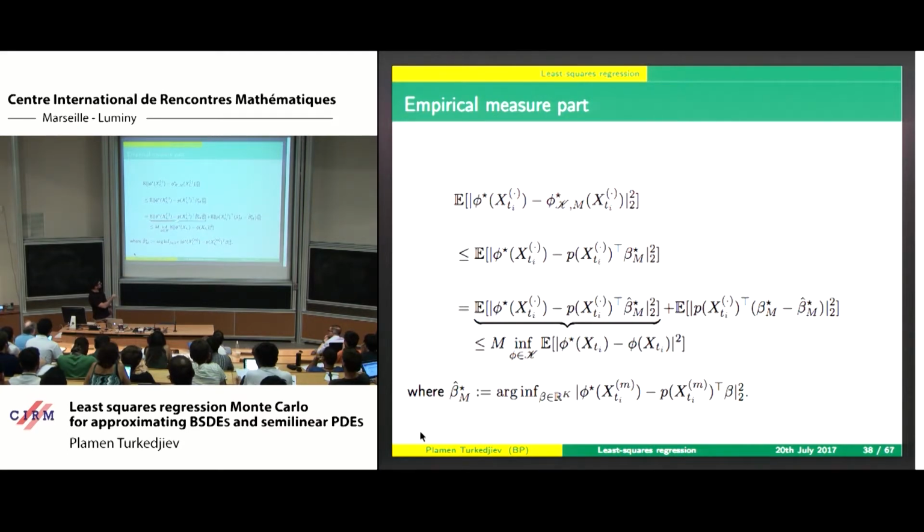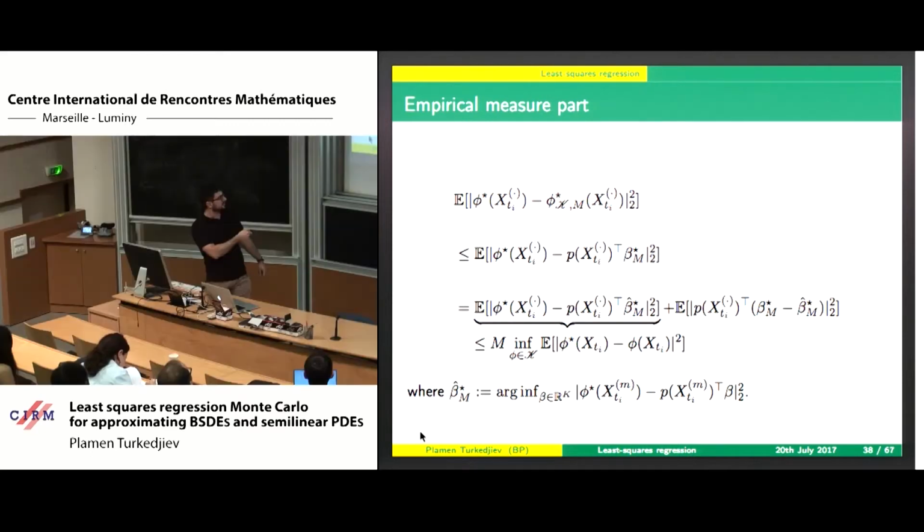Here we have the difference between phi star and its projection in the empirical norm, and here we have the difference between the two projections, one of phi star and one of S. In fact, this first term is bounded above by the bias. This is exactly the minimum error that you can make on phi star by approximating in the basis.